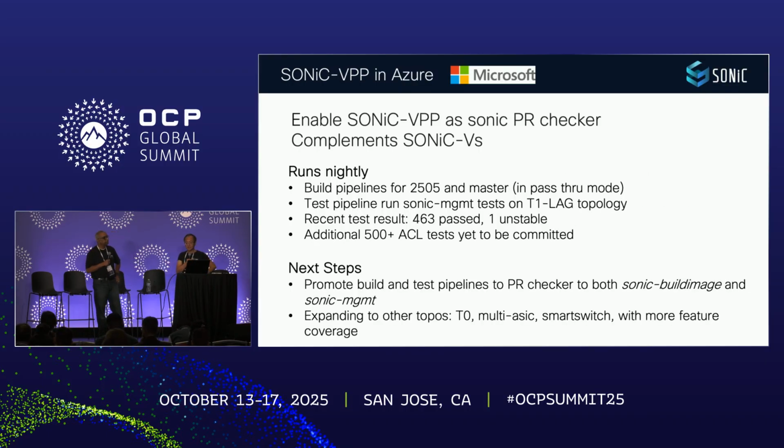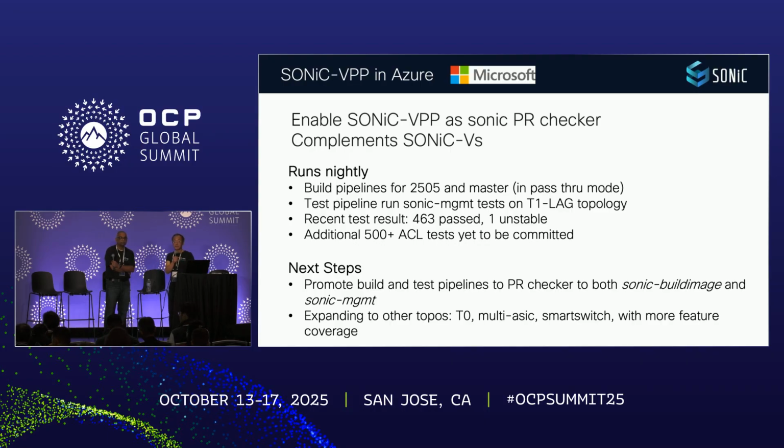Also, for the status of SONiC-VPP running in Azure CI/CD pipelines, our goal is to enable SONiC-VPP as a SONiC PR checker to complement SONiC VS. Because SONiC VS does not have a real data plane, some tests are skipped, or they run but do not send real traffic.